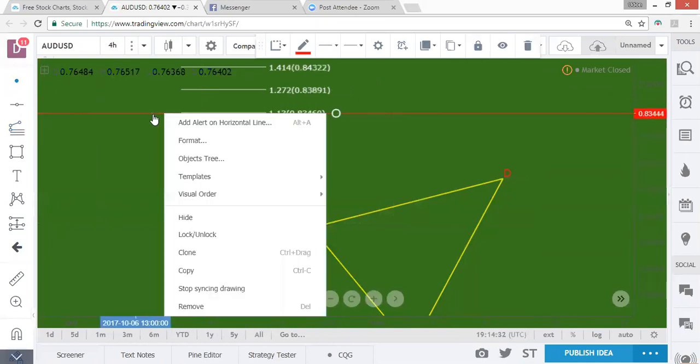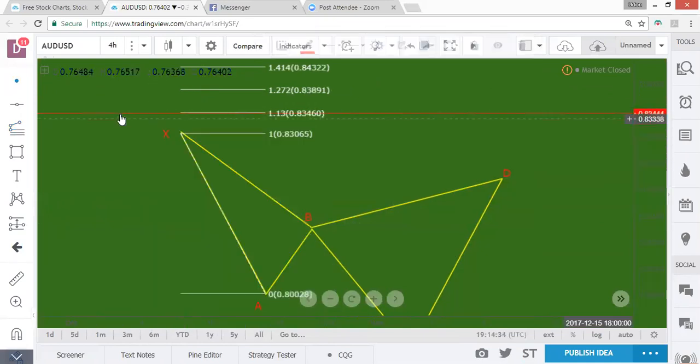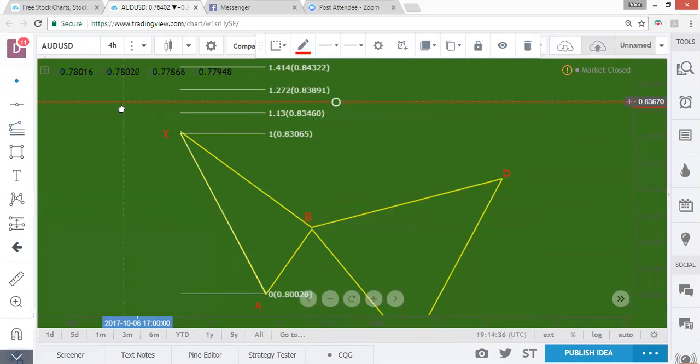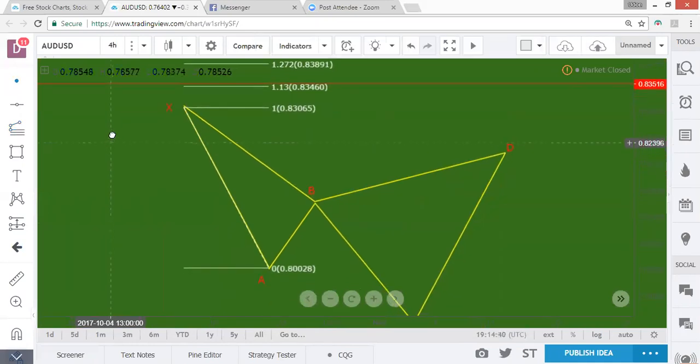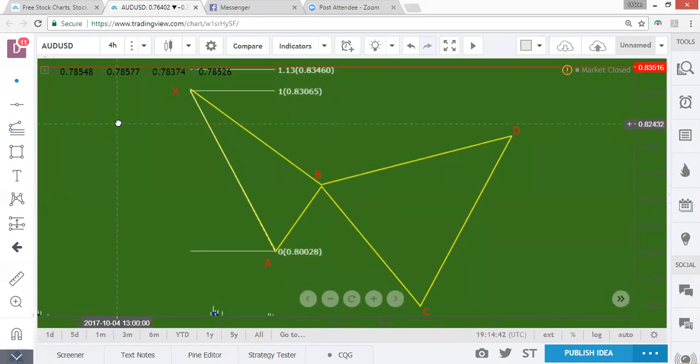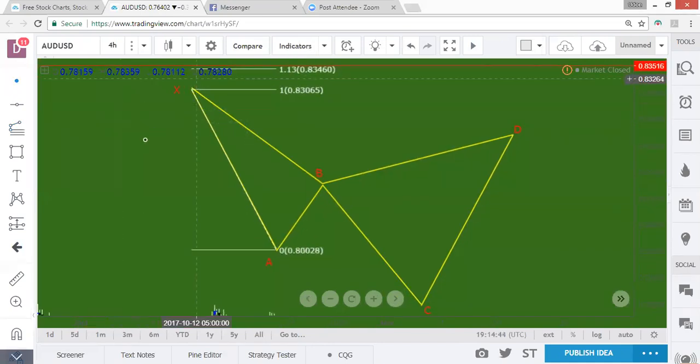Again, you set your stops a little bit on top of that 113. That way you use the 113 every time, you got a consistent way of using stops, so you're not getting stopped out too early or whatever.